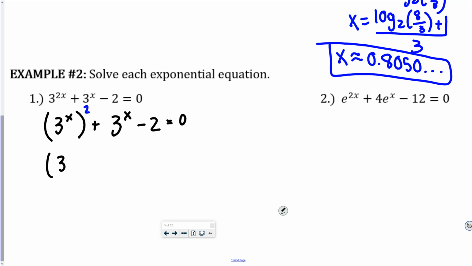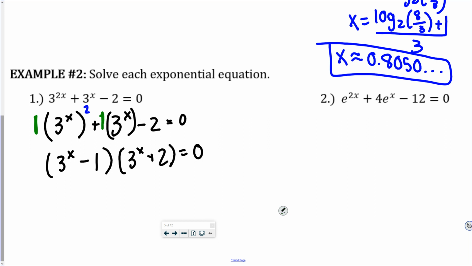Two numbers that multiply to -2 and add to 1 would be -1 and +2. So it's almost kind of like this quadratic form, where you have a 1 times 3 to the x, 1 times 3 to the x, -2. Kind of see it in that quadratic form? Okay, we'll stop there.